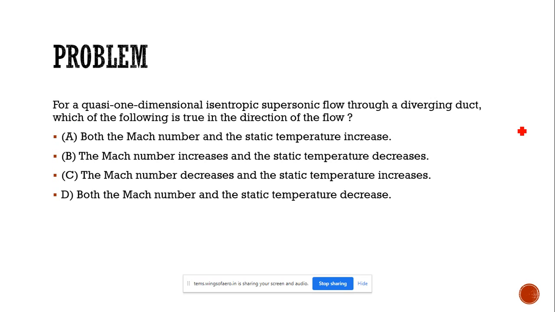For a diverging duct, what will be happening for supersonic flow? Anyone? Any answer? Mach number decreases, for a supersonic flow if you have a diverging duct.